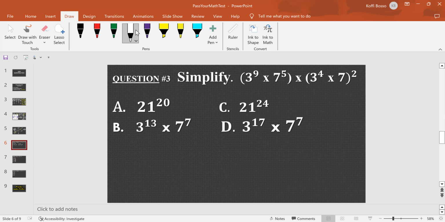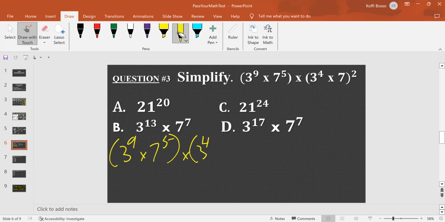Instead, let me rewrite the expression. So we have 3 to the 9th power multiplied by 7 to the 5th power, multiplied by 3 to the 4th power multiplied by 7, close parenthesis. That square here means you will multiply this expression by itself.